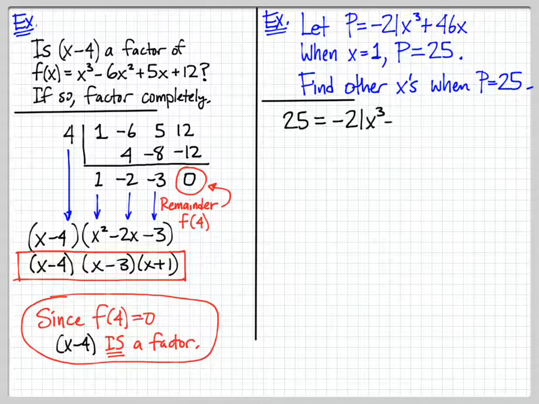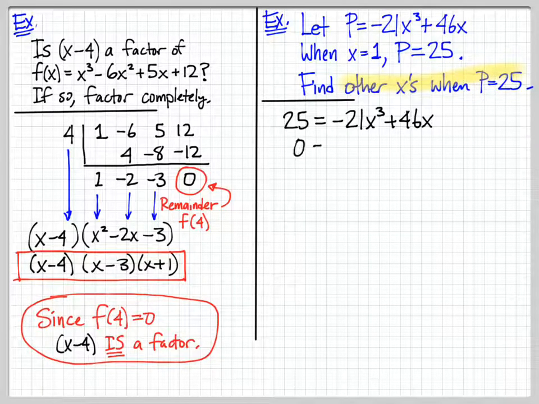So the way we would set that up is by plugging in 25 into the equation. And you might be tempted to also plug in the 1, but you don't want to do that because if you plug in the 1 into this, you will lose all of your variables and there will be nothing to solve. So you want to find other x's when p is 25.